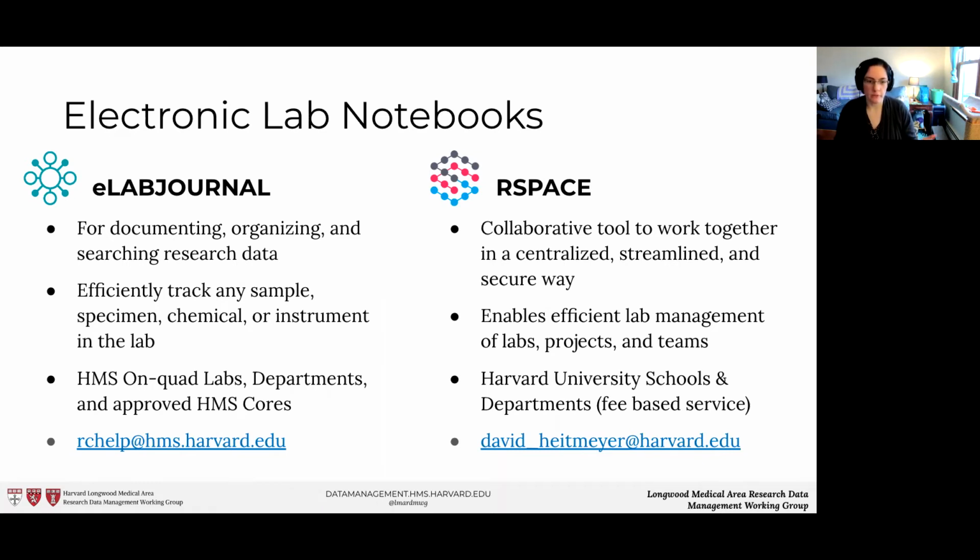Because we have resources available if people want to leverage one or both of these tools. So at HMS directly, we have a tool called eLab Journal. They recently rebranded this past week to eLab Next. And through Harvard University IT, the RSpace ELN is available.